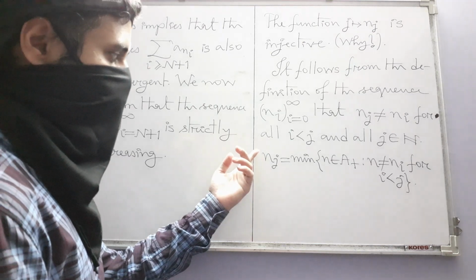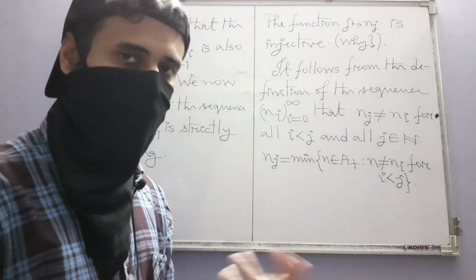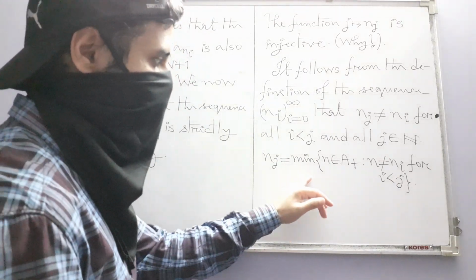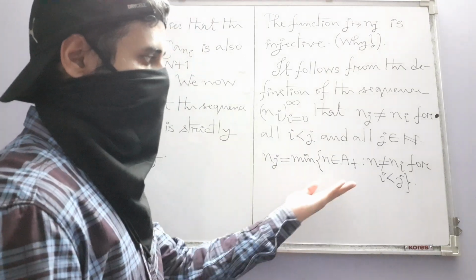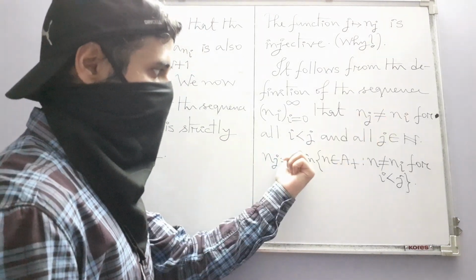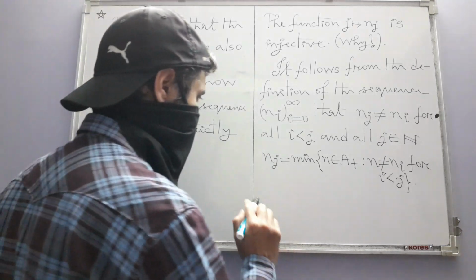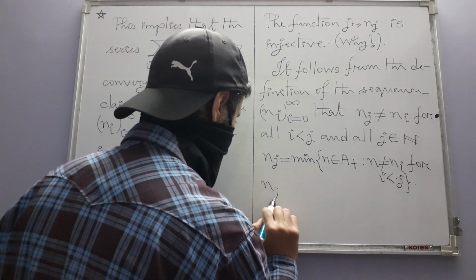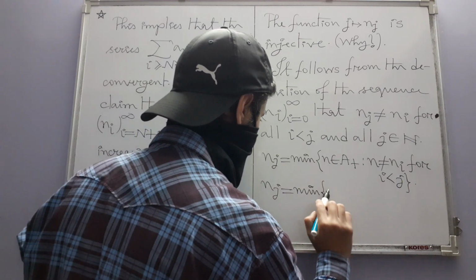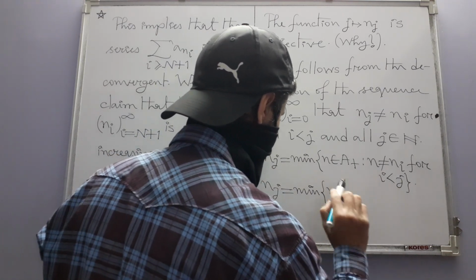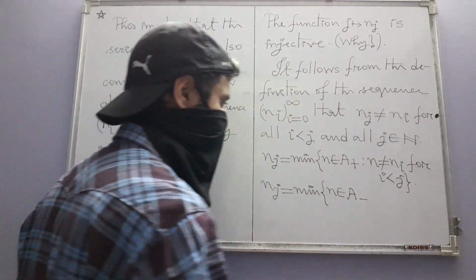So since Nj is the minimum of this set, Nj after all belongs to this set. It's an element of this set. So it has to satisfy this condition. So that condition directly tells us this, and this is true for all j. And if it falls under case 2, then also the condition stays the same. The only difference is that it now comes from A minus.